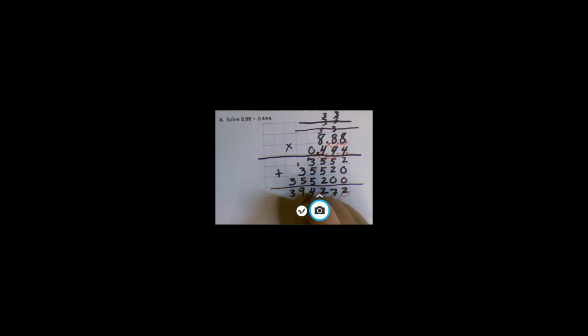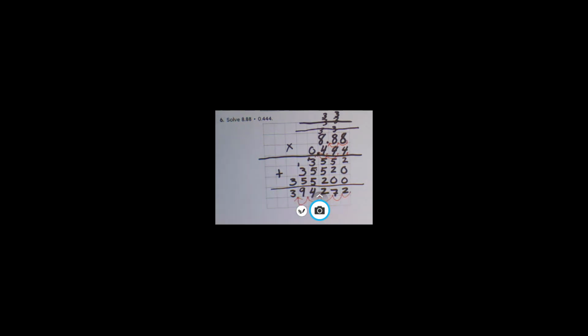So your answer so far is 394,272. But now you need to deal with your decimals. I'm multiplying hundredths by thousandths, which means my answer will be hundred thousandths, or 2 scoops here, 3 scoops here, 5 scoops in total. 1, 2, 3, 4, 5.